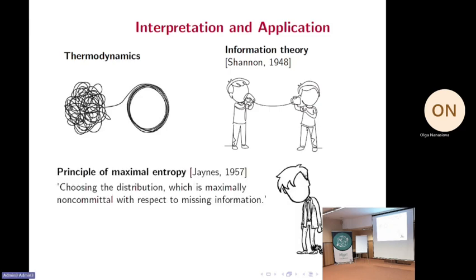However, what I was mostly interested in is the principle of maximum entropy postulated by Jaynes. It states that if we want to describe a closed system, we need to find the proper distribution function for it.